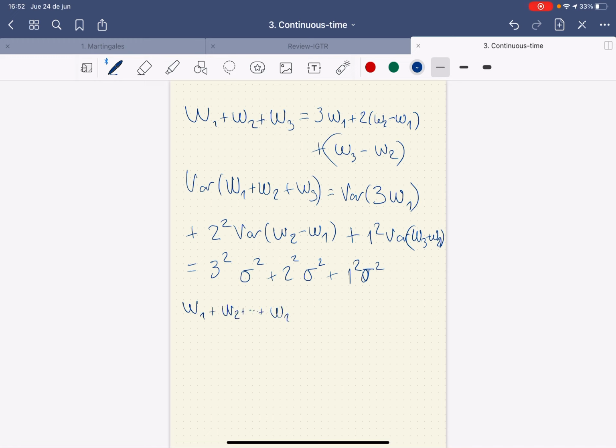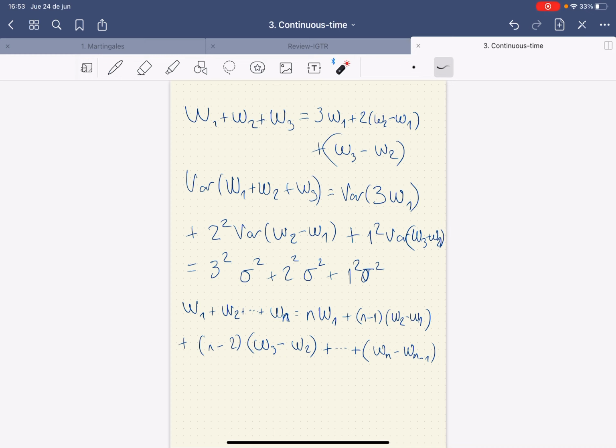So in general, what we have is that to write this is just the same as writing n times W1 plus n minus 1 times W2 minus W1 plus n minus 2 times W3 minus W2 plus and all the way up to Wn minus Wn minus 1, right? Why?